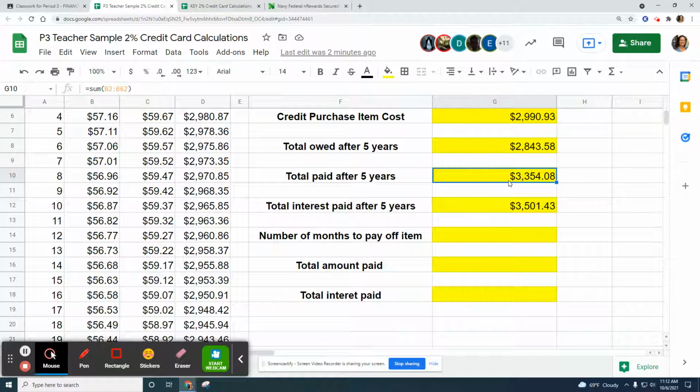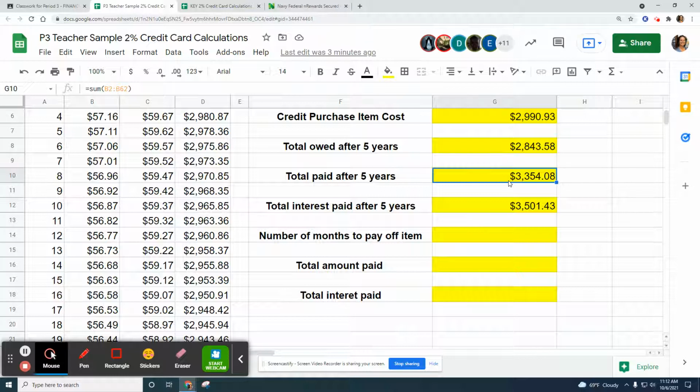Equals D62. Equals D2. Start over. Equals D62. Enter. Equals D2. No, wrong. Okay.